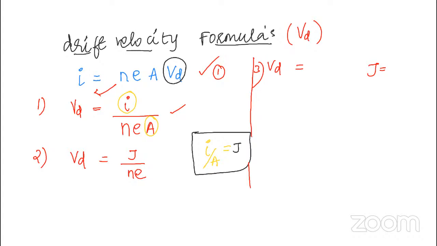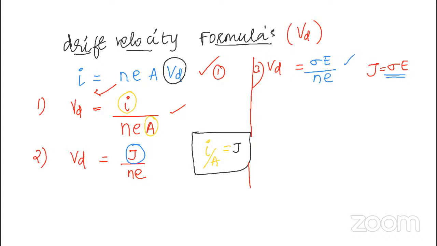The current density related with electrical conductivity. Yes, very good. J = sigma E. So we substitute sigma E for J, and the equation becomes Vd = sigma E divided by n e.